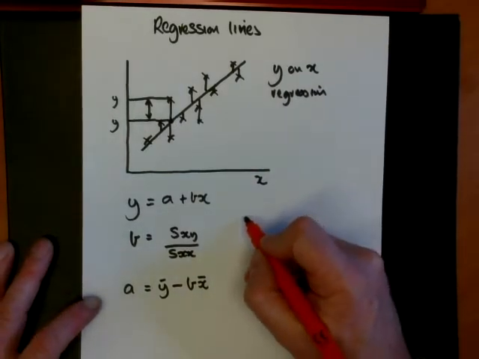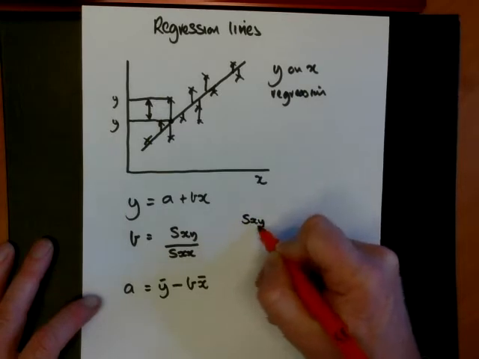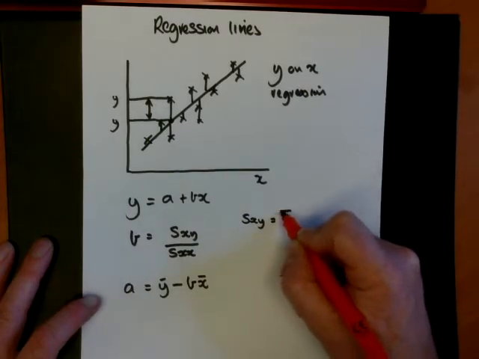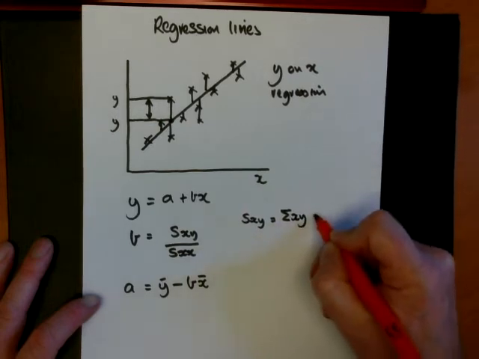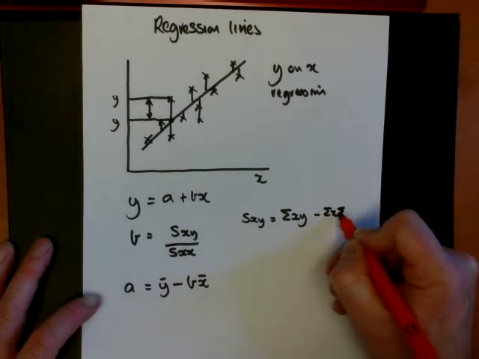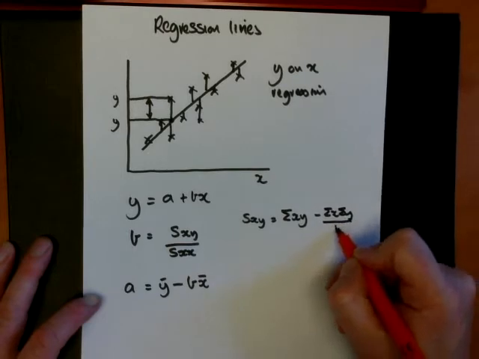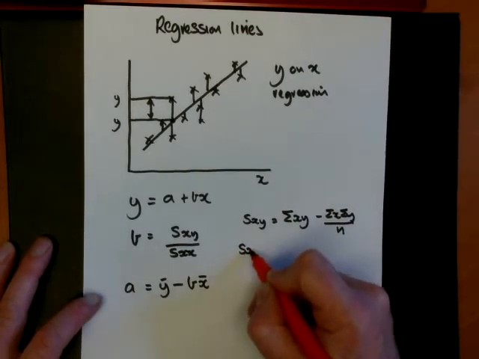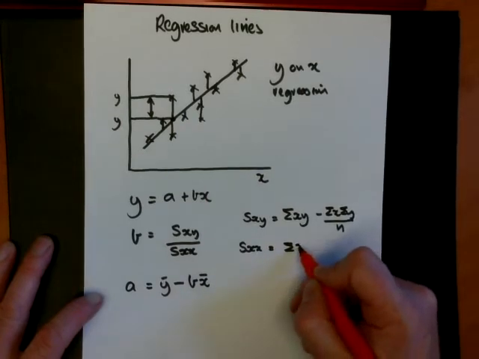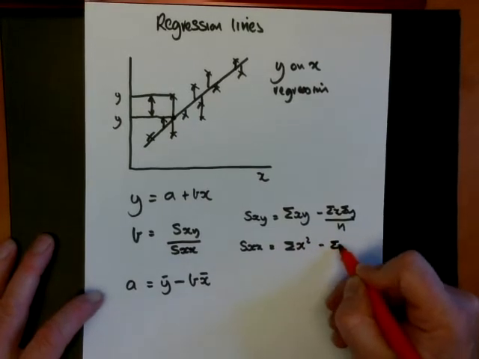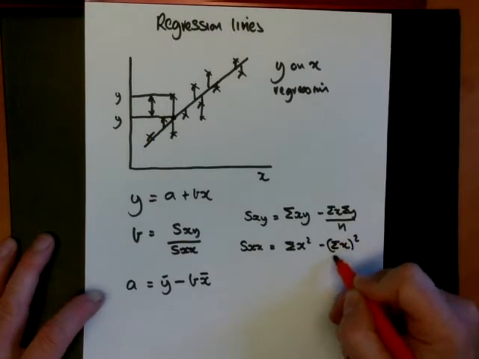So a quick reminder then that sxy equals the sum of xy minus the sum of x times the sum of y over n, and sxx equals the sum of x squared minus the sum of x all squared over n.